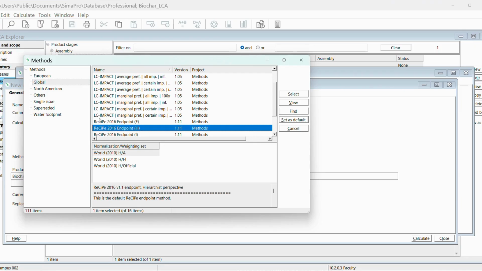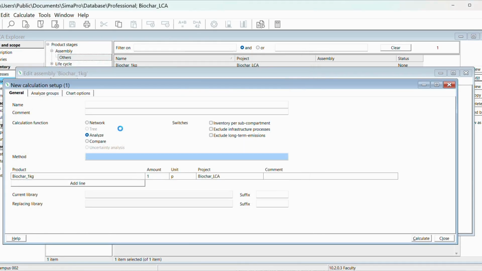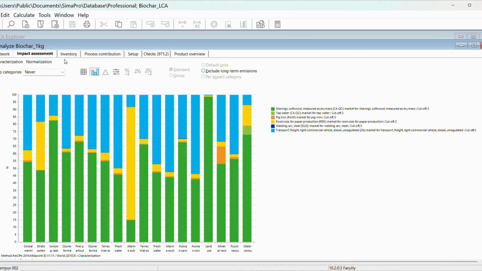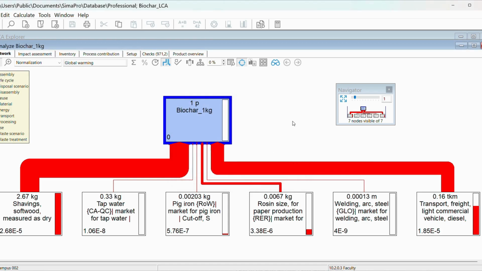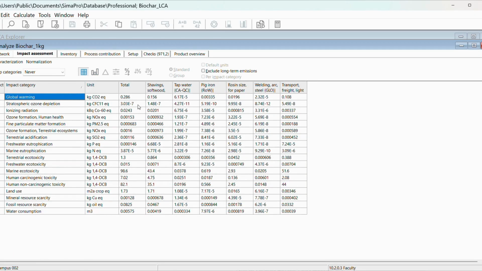And let's select midpoint rather than endpoint. So endpoint, let me select this one, midpoint, and then let's analyze. The network is no issue, you will get the same network that you obtained when you selected endpoint. The impact assessment categories you will also find, here you can find different quantities, and here you will not find that final damage assessment category.